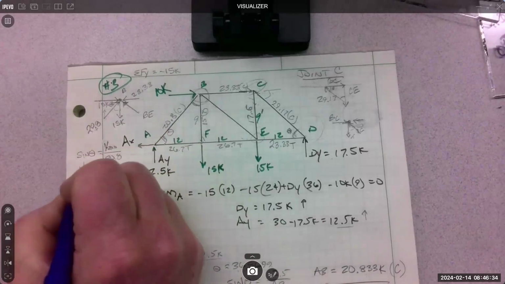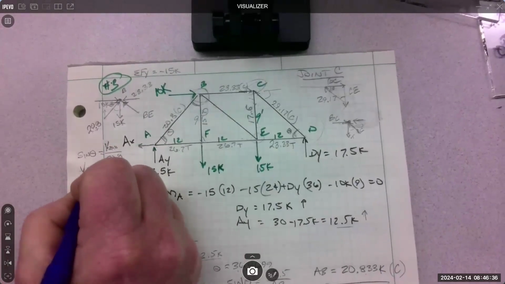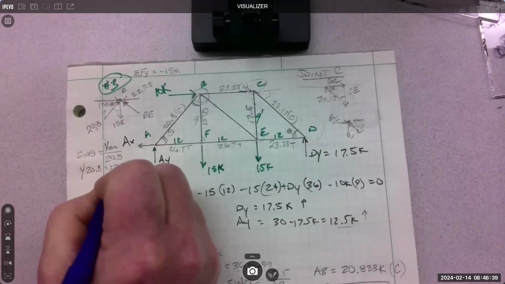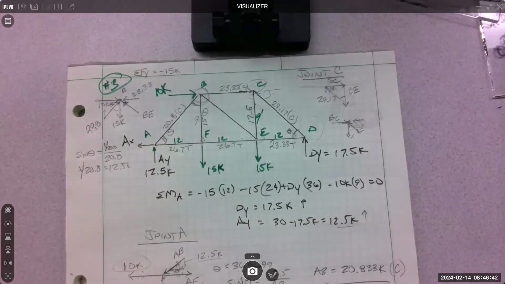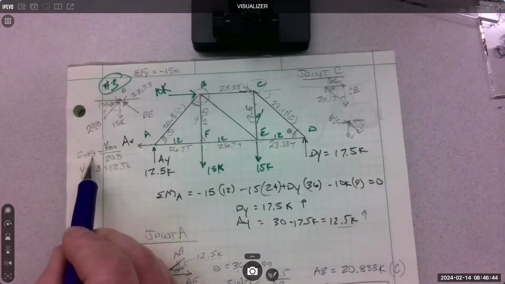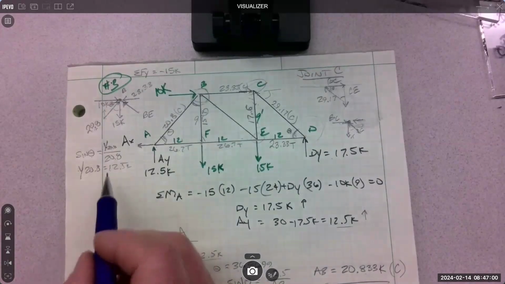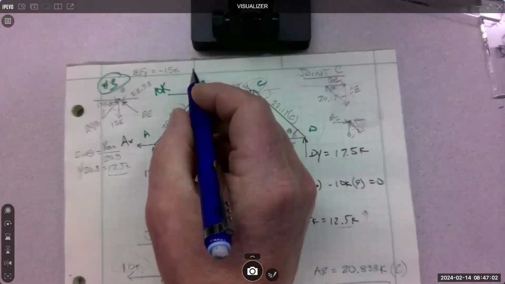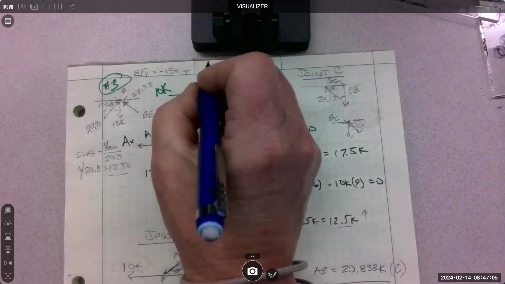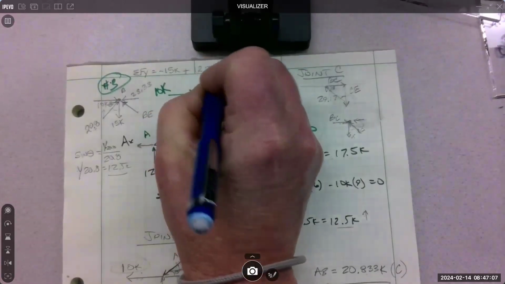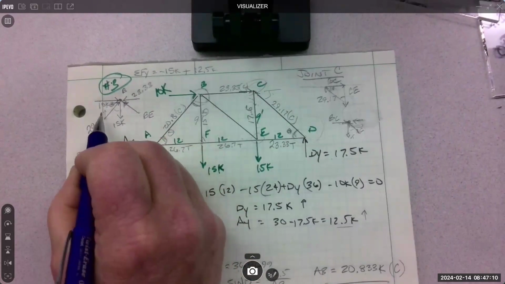So the Y component of 20.8 equals 12.5K. I'm using theta. We defined theta in the very beginning as 36. You could use 53, but then you just have to use cosine. So either one. And again, I just found the Y component that goes into the equation. It's going up, so it's a plus 12.5K.